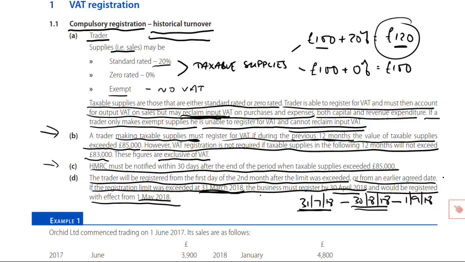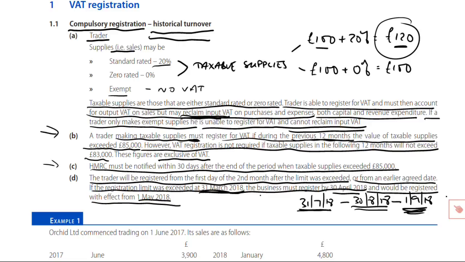On that basis, that if they hadn't registered from the beginning when they started to trade, then at the time they do register for VAT, here accounting for VAT from the 1st of September 18, there will be pre-registration input VAT that they have incurred.